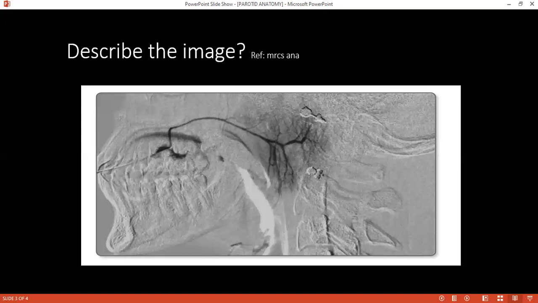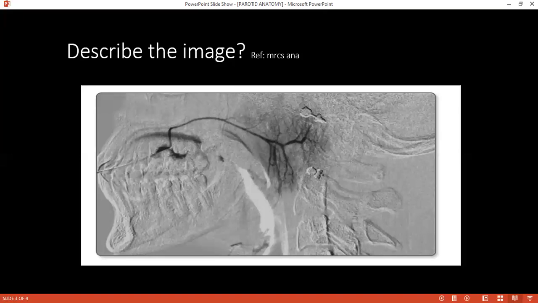Can you tell me the surface anatomy of the parotid duct? Okay, we have 4 points. The first point is anterior to the tragus of the ear, at the condyle of the mandible. This is the first point. The second point is in the center of the masseter.